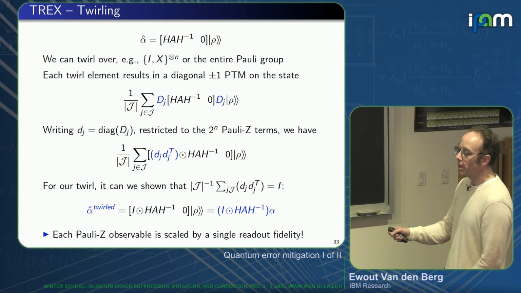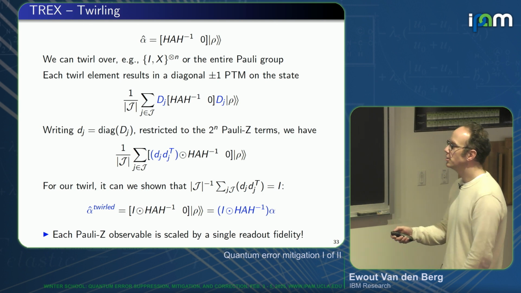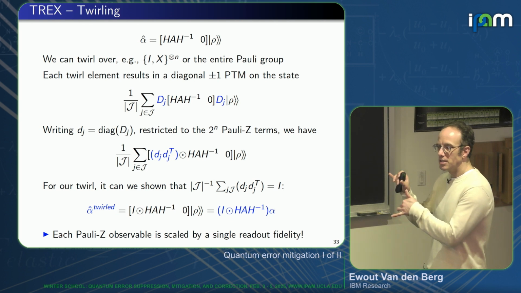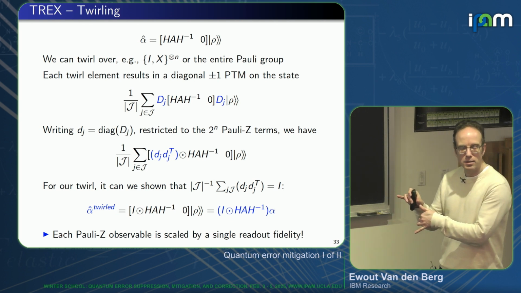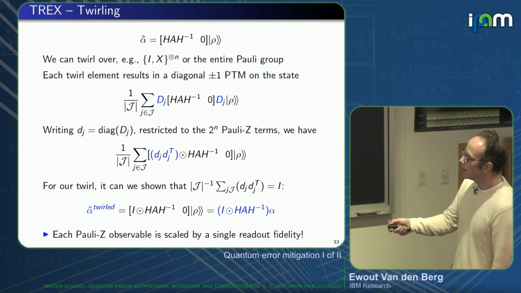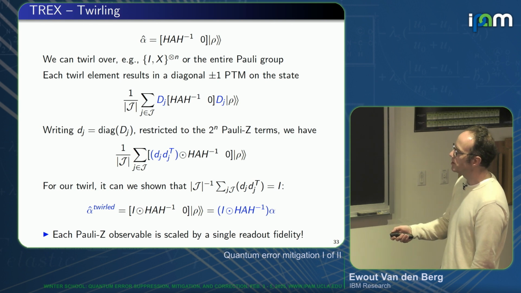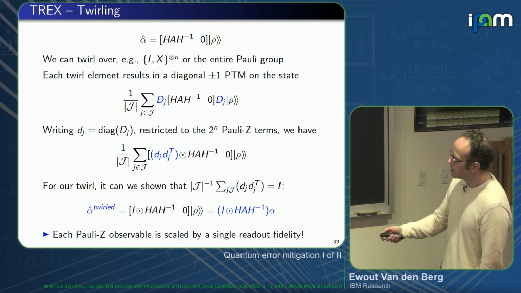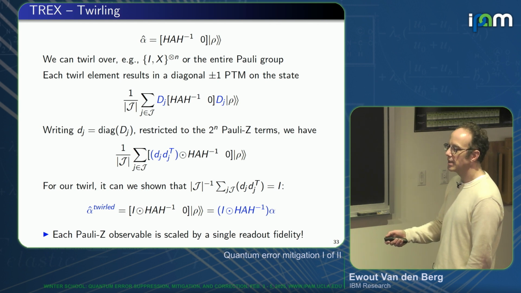Because twirling applies to both sides, you just multiply both. And just like before, this amounts to an outer product of plus or minus 1 vectors, so element-wise multiplication.